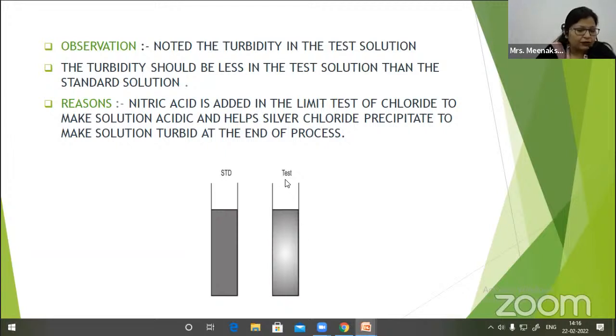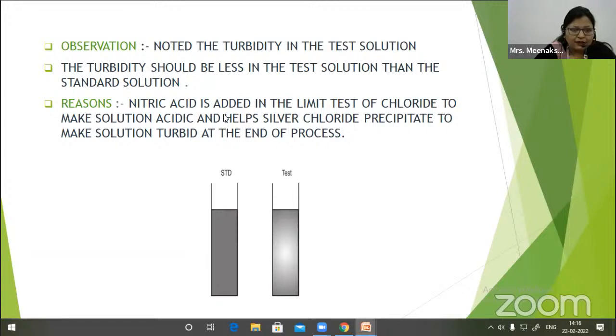That means the test turbidity or opalescence should be less than that of the standard. If we observe that the test opalescence or turbidity is less than that of the standard, then our sample passes the limit test for chloride. If the test appears more turbid or opaque, then the sample fails the limit test for chloride. Now, what are the specific reasons that turbidity or opalescence is obtained?